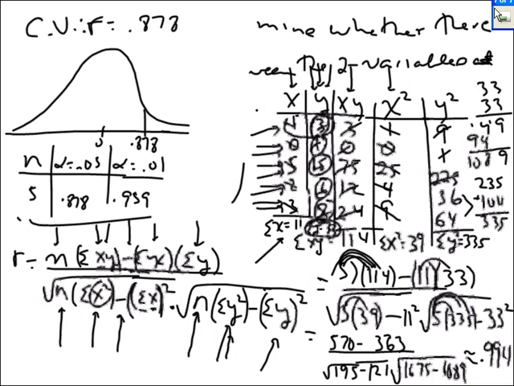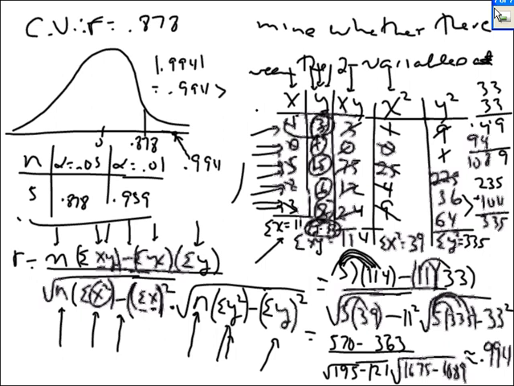And our test statistic value happened to be right here, which is 0.994. And the rule that I gave you earlier, so that's R. R equals 0.994.